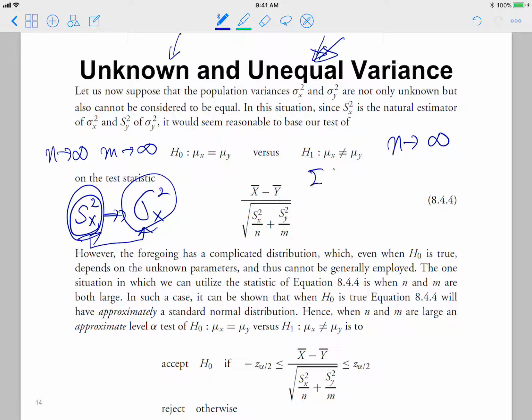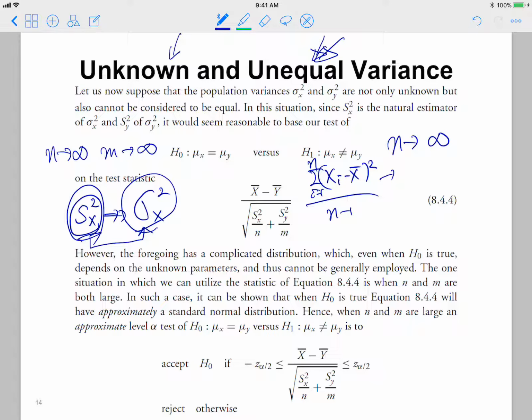Again, the sum of xi minus x bar squared, i equals 1 through n, divided by n minus 1. This is our definition of the sample variance, right? And how can we model this statistic as a particular random variable distribution?